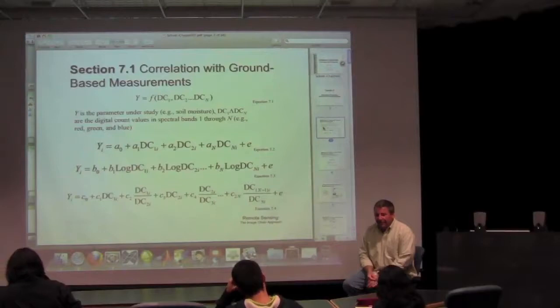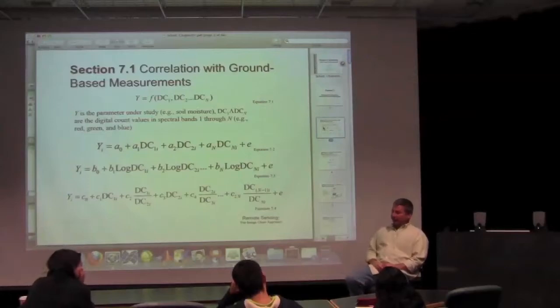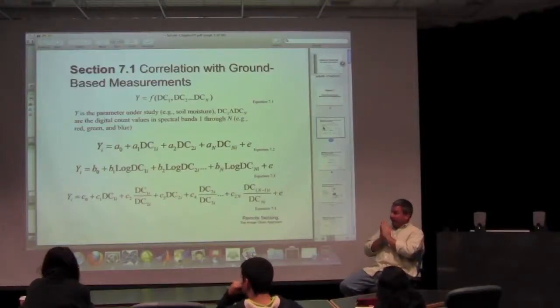All right. Now, what I want to do, we've gone through systems, and we have a good feeling for how all these different systems work and how we can calibrate a system itself. In other words, we can take the radiance that's reaching the front end of the sensor and convert that to a known value.